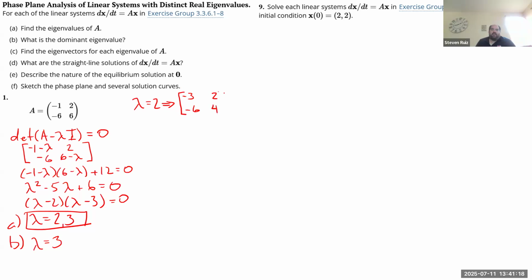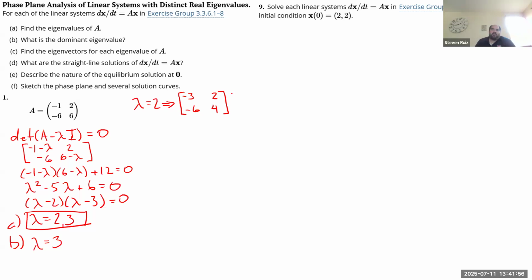Remember, when you find the eigenvalues and put them back into A minus lambda I, we're trying to force A minus lambda I to be a matrix that is singular, or in other words, it has rows that are dependent on each other. So one row is essentially a multiple of the other. In this case, if you were to take the first row and double it, you would wind up with the second row. Because these rows are multiples of each other, I can get my eigenvector by just looking at one row or the other.